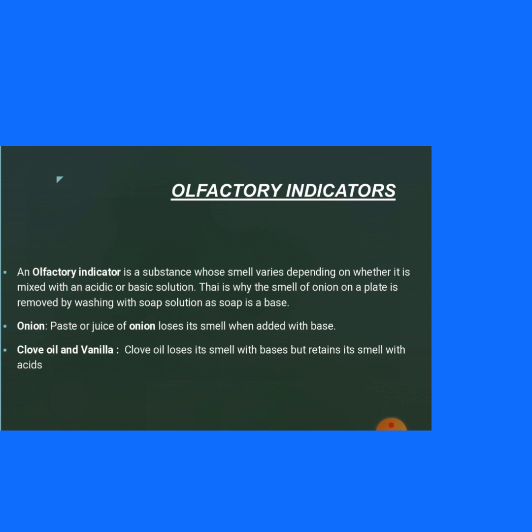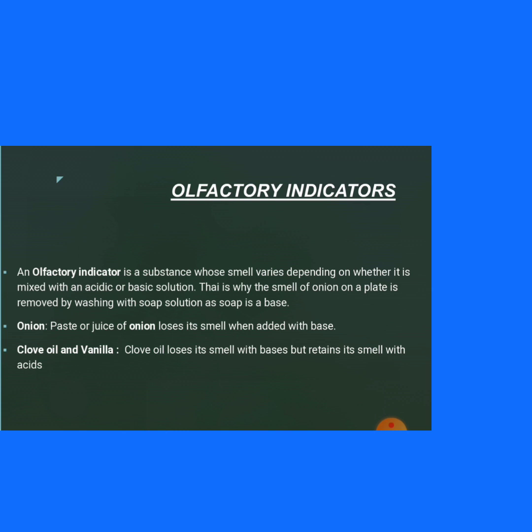Now child, that means the smell of the onion is neutralized with the base. So onion becomes an olfactory indicator. The olfactory means smell. So what is the definition of olfactory indicator?